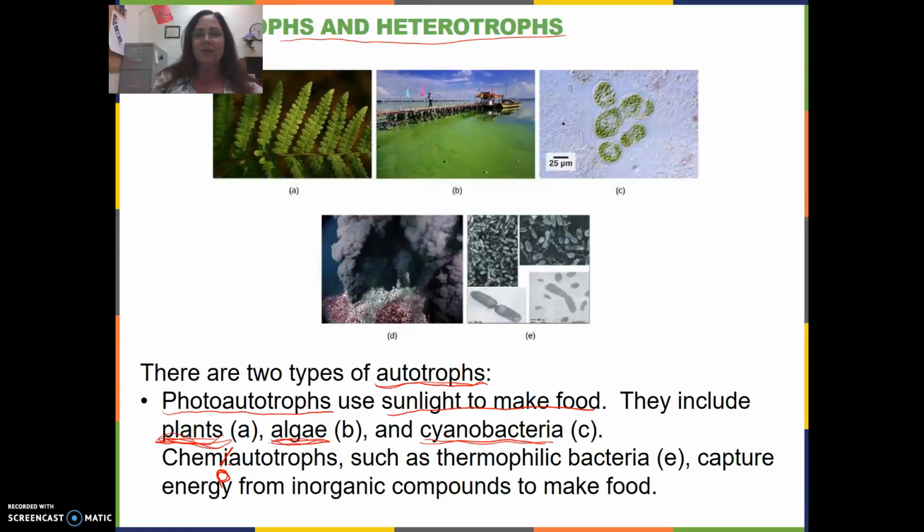They capture energy from inorganic compounds instead of sunlight. Sorry, I don't mean to keep marking through the words, but they capture energy from inorganic chemicals and make their own food that way. They still convert carbon dioxide into food, into carbohydrate.